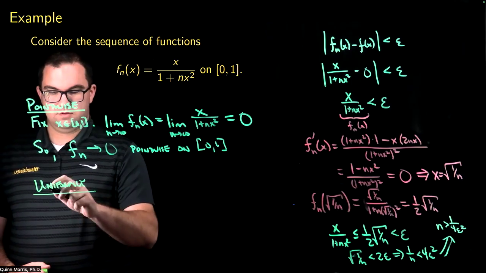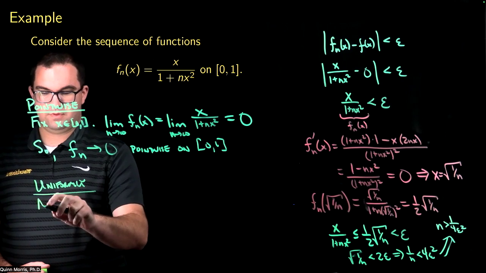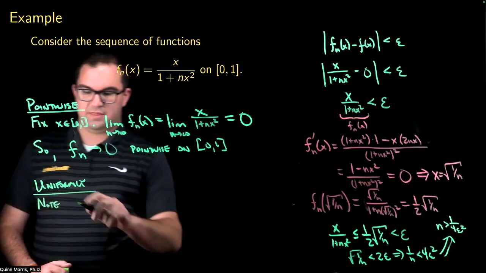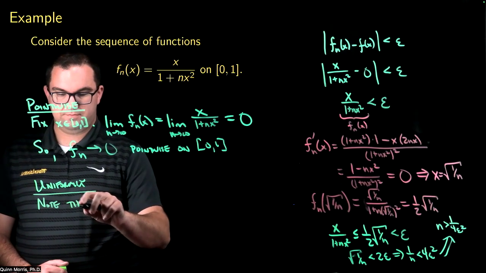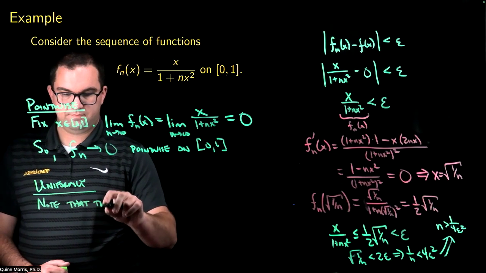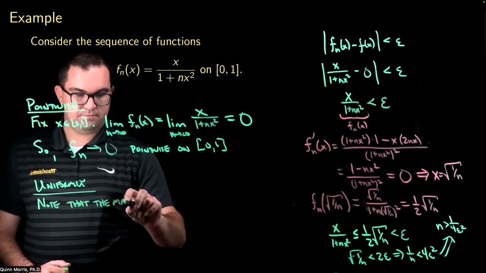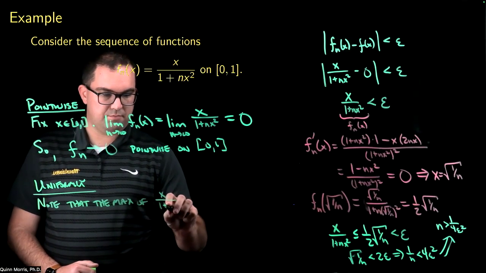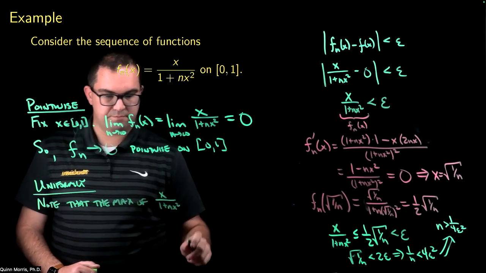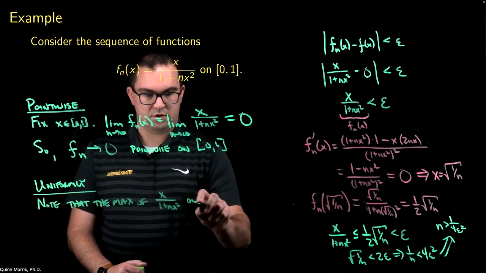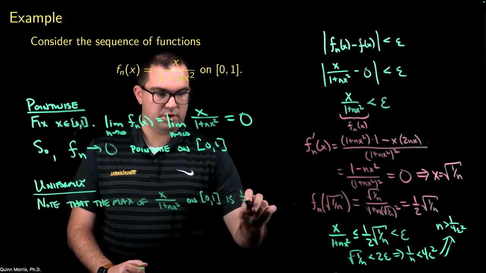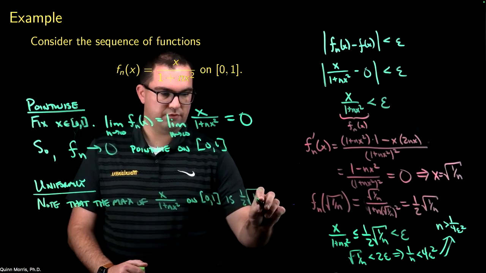Okay. So we're going to start by, again, just noting that the maximum value of x over 1 plus nx squared on [0, 1] is 1/2 square root of 1 over n.